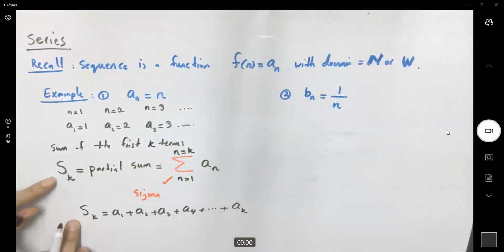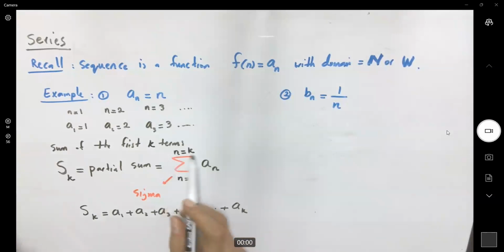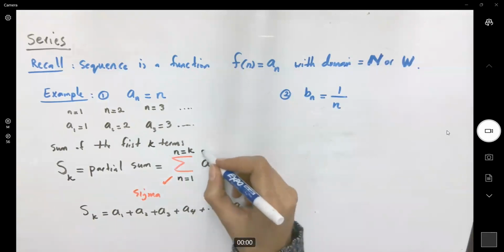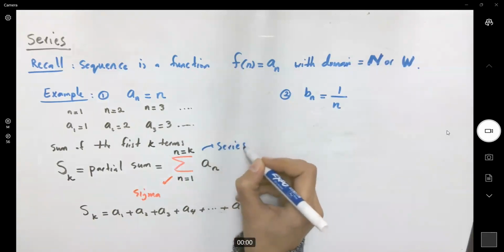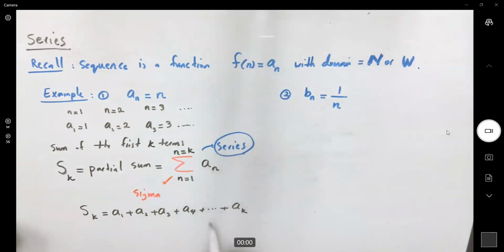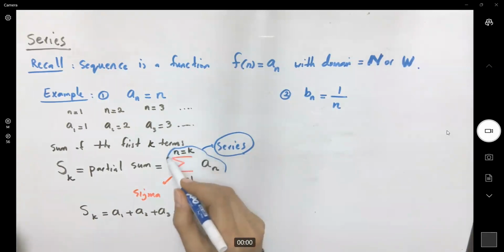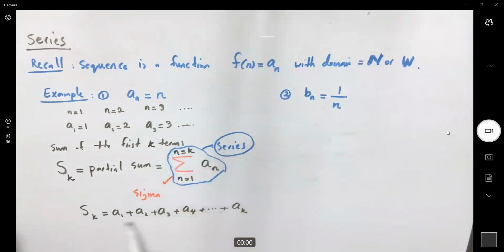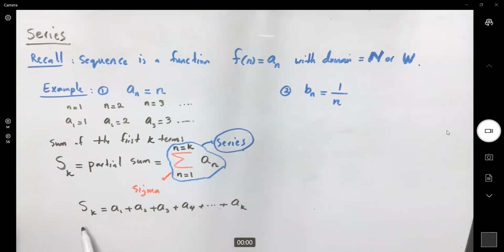This is the partial sum. Mathematically, we represent it by a series. This is sigma, so this is called a series. So this is the series notation when you're just adding values, adding terms, adding numbers together.